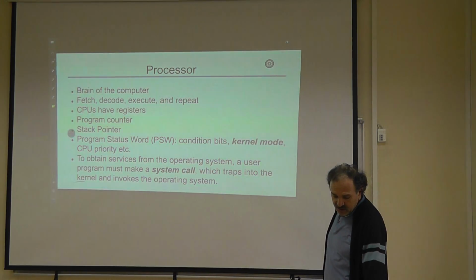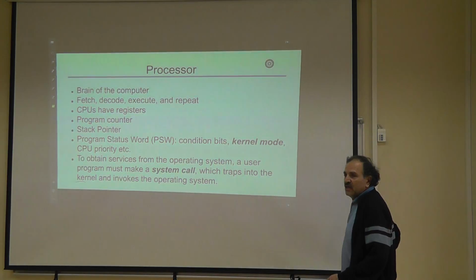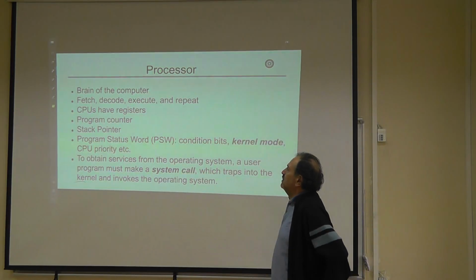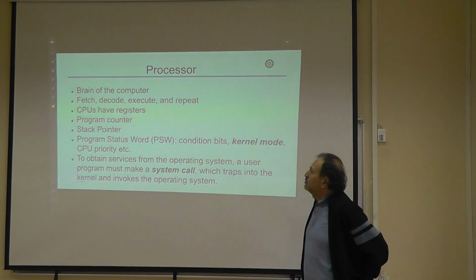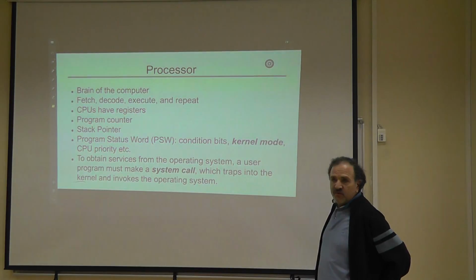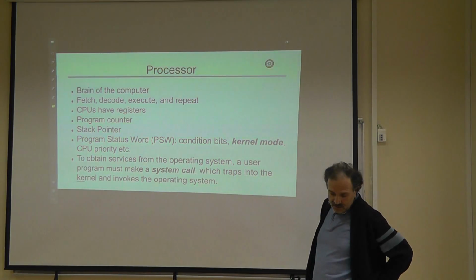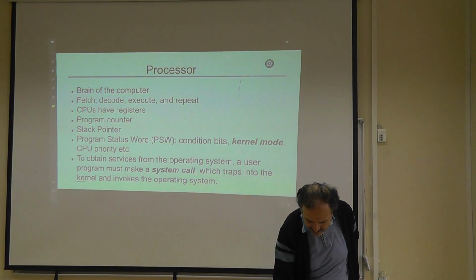Another special register or registers: stack pointers. You know the stack from your data structures class. Stacks are used in very different places, many times with operating systems. To keep the top of the stack, you need pointers. This is my stack.